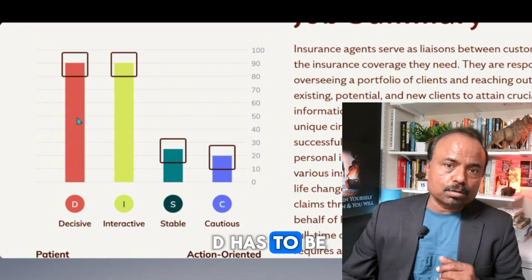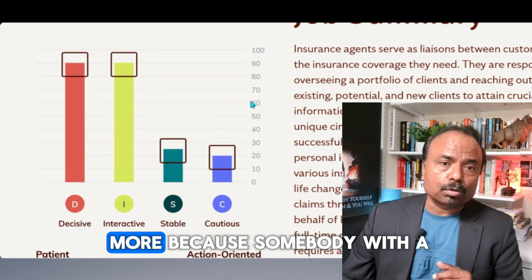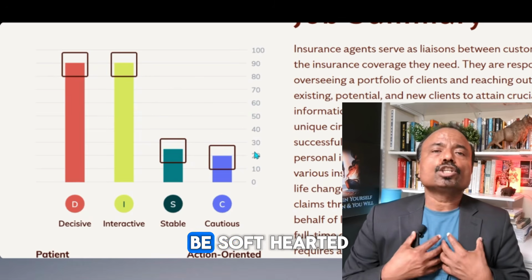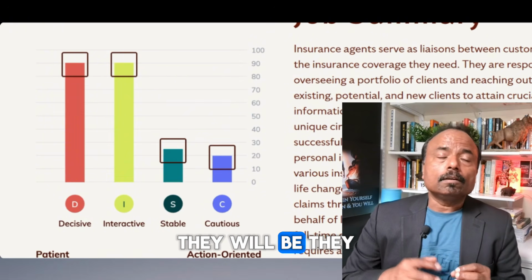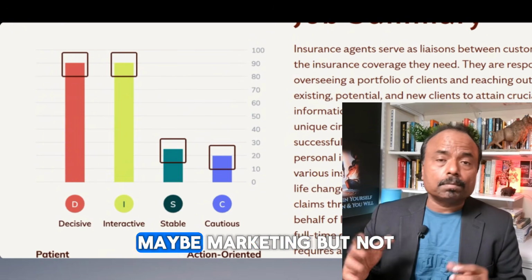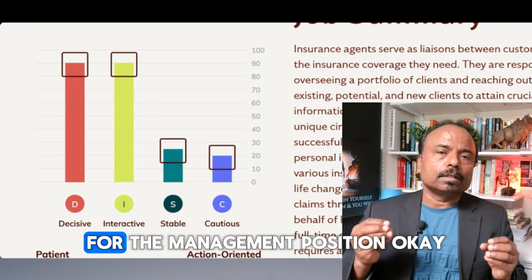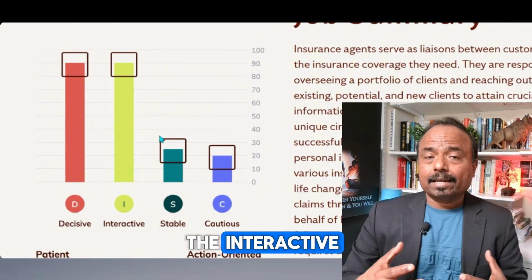Your D has to be at least, you see there's a number here, at least 50% or more, because somebody lower than 50% will be soft-hearted and will not close the deal. They'll be good for some other position, maybe marketing, but not for sales or management. Then number two is the interactive.